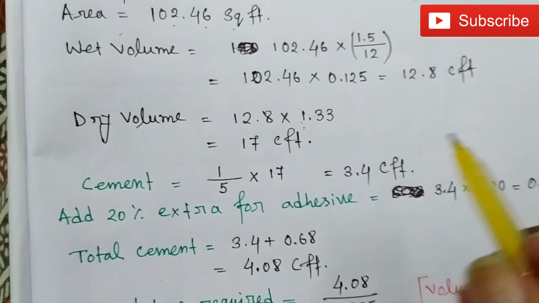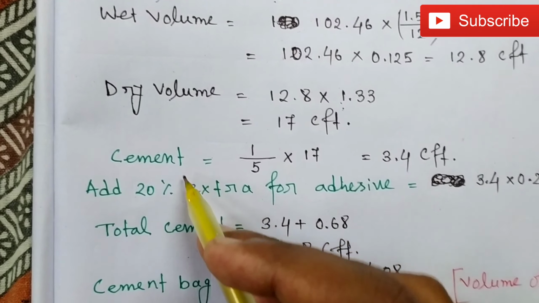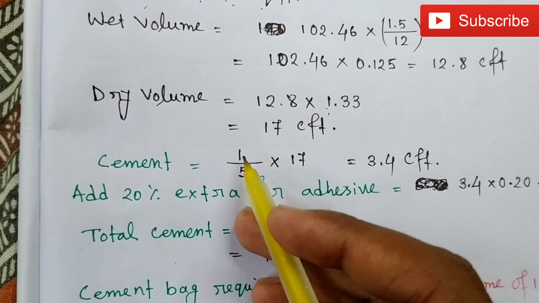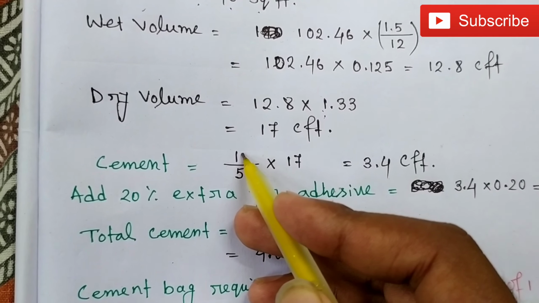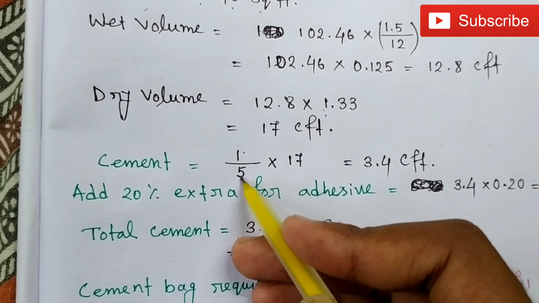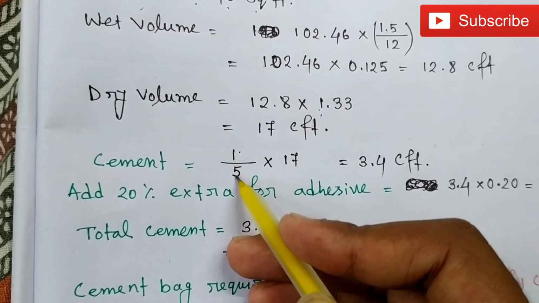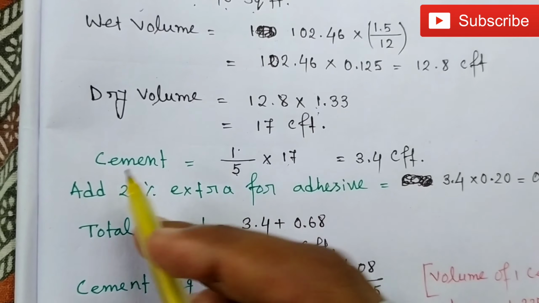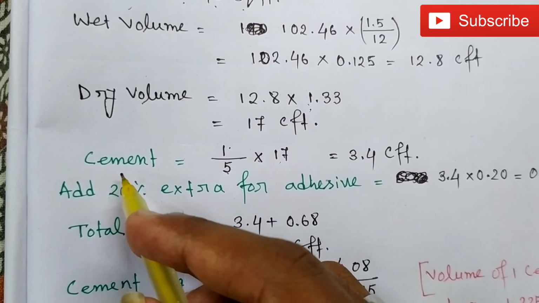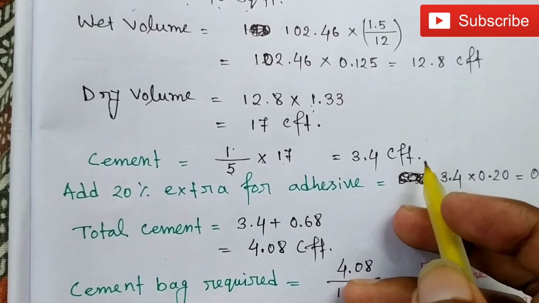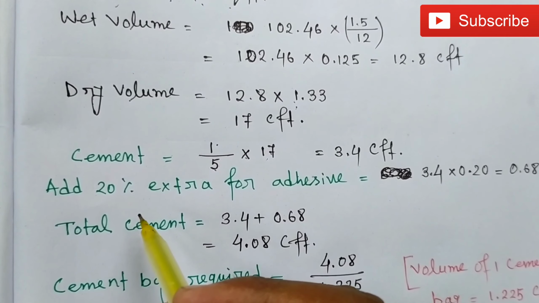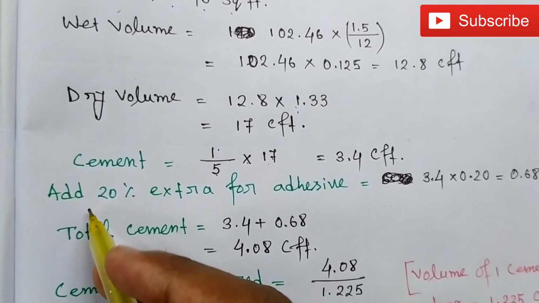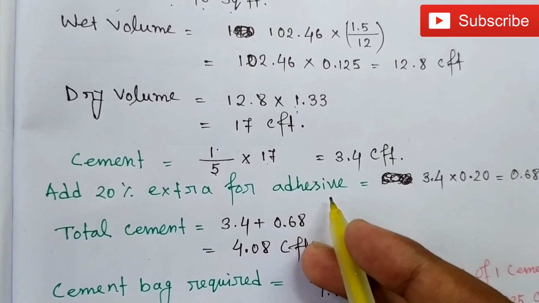Now we calculate the cement. For cement calculation, here 1 is the ratio of cement and 5 is the total ratio, 1 plus 4 equal to 5, into 17 dry volume. So here our total cement is 3.4 cubic feet, and now we add 20% extra for adhesive.